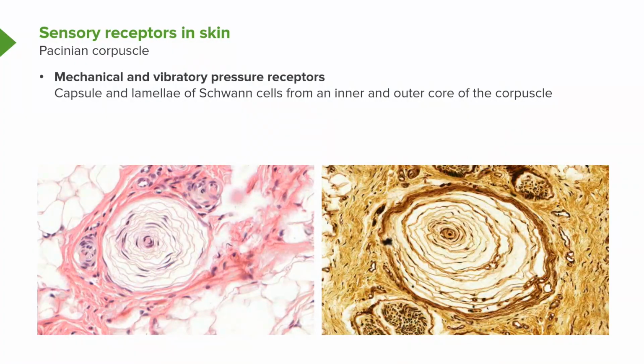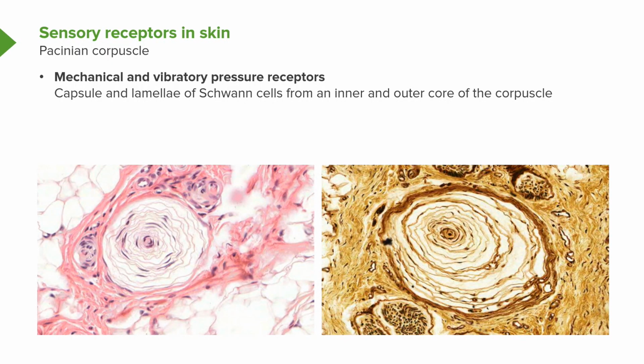And then that axon, that neuron cell process, is surrounded by numbers and numbers and numbers of sheets called lamellae. You can see them clearer on the right-hand image. Those lamellae are really wrapped up encircling Schwann cells. And on the outside is a thicker stained capsule. It looks a bit like a section through a cut onion.